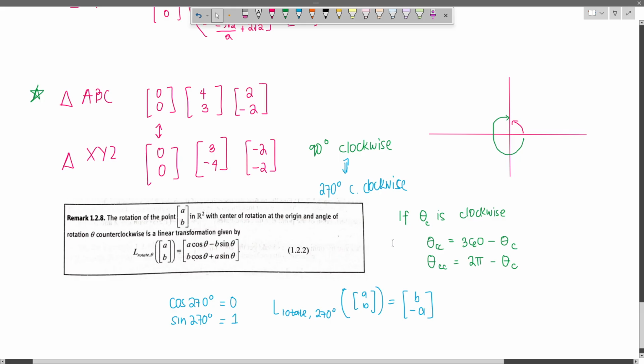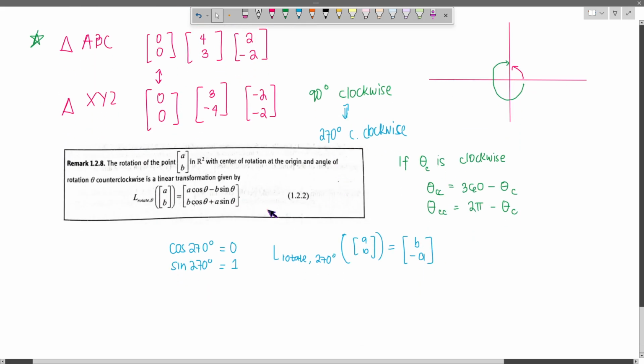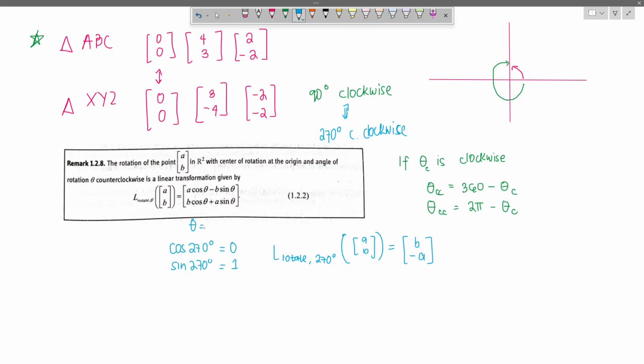So using those values, again, our theta now is 270. So if you solve, cosine 270 is 0, sine 270 is 1. So if you plug in the values here, this is going to be a times 0. So that cancels out. Minus b times 1, right? So that's 0 minus b. Oh, let's solve for sine 270.